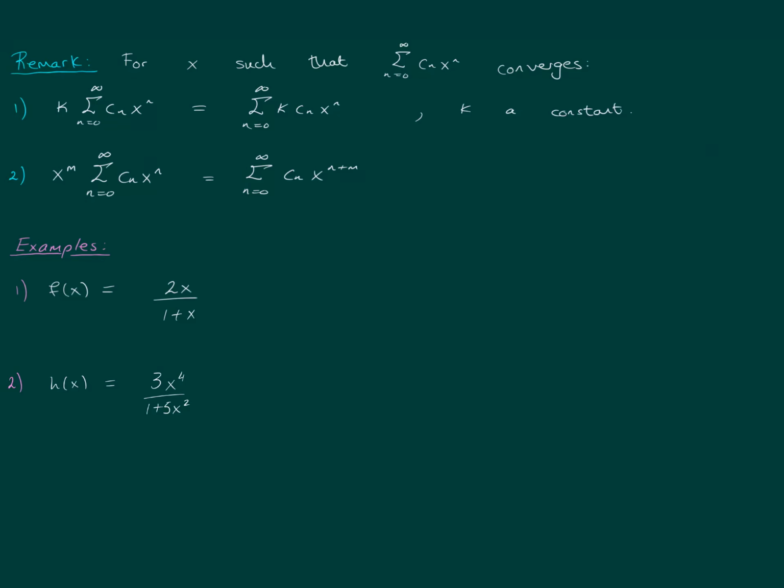Last example, g of x is 2x over 4 plus 3x cubed. Okay, so I want you to approach this the same as the last bunch of examples. Find power series representations and decide where these representations are valid.